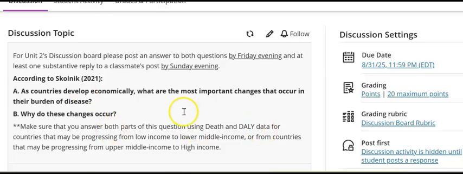So you're going to use death and DALY data that we found in our Skolnick book as you're answering these questions. Okay? And they can be from countries that are progressing from low to lower middle income, or from countries that are progressing from an upper middle income to being considered a country that is high income. So you're going to really be needing to do those readings.